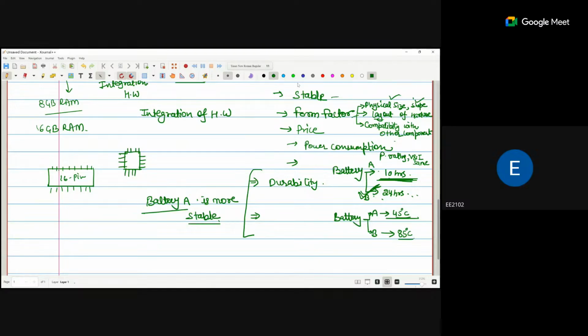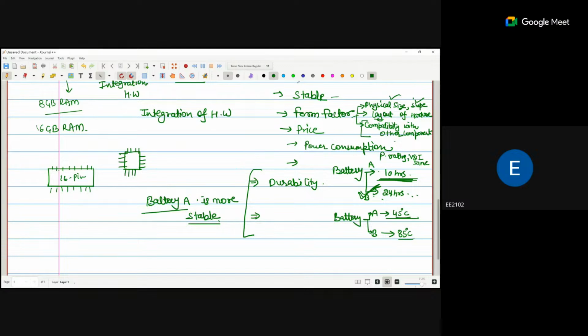So is the NFC usable for you? Obviously, no. Because you can't transfer data from one mobile phone to another using NFC, since one device has NFC but the other doesn't. So that means compatibility with other components is done or not.